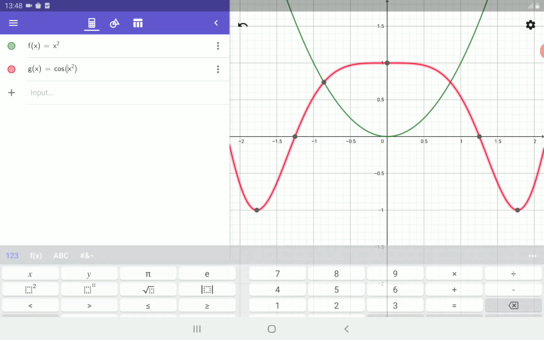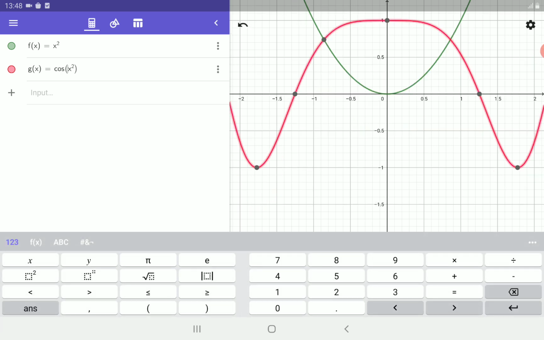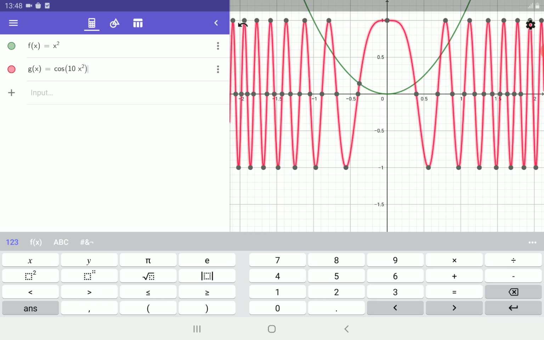Now let's suppose I multiply it by some lambda, and let's take lambda to be 10. Again, you can see that this graph is oscillating rapidly away from the stationary point, but around the stationary point there is a region where the areas are not cancelling out. So this area on this side and this area on this side are not going to be cancelling out. Let's see what happens as we keep increasing our lambda.